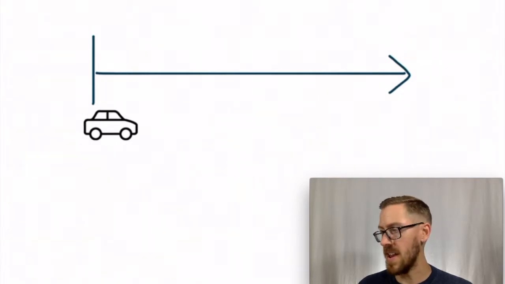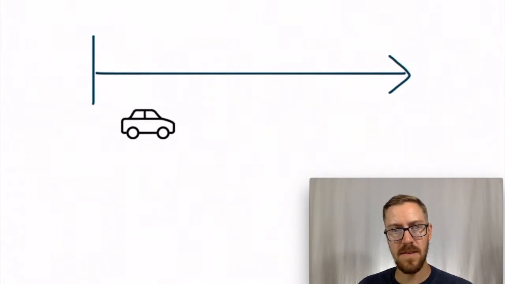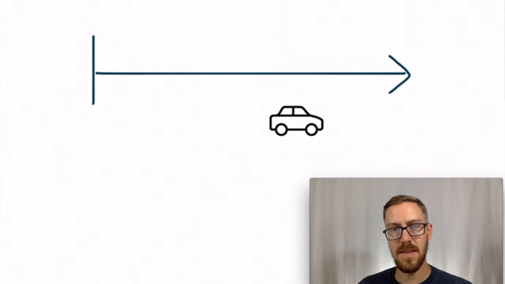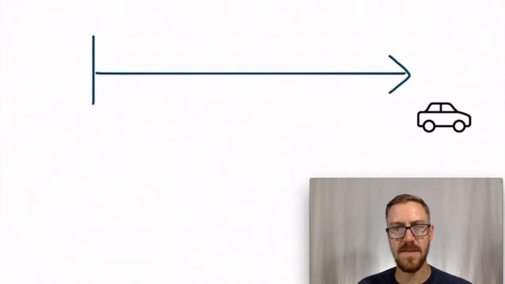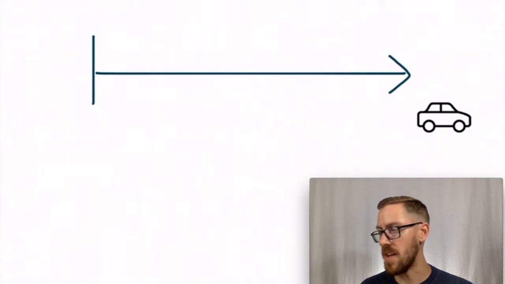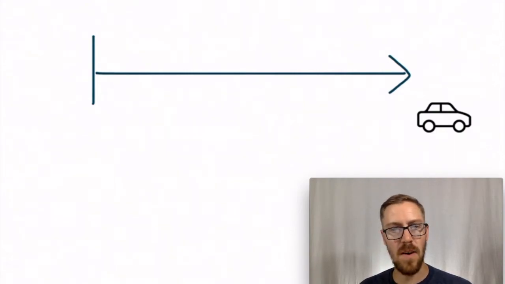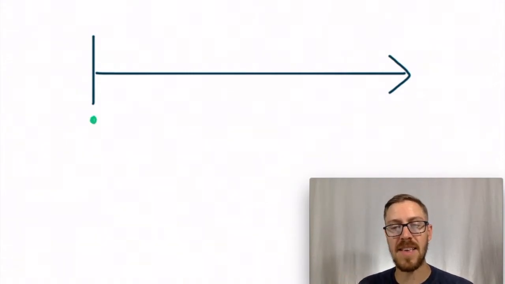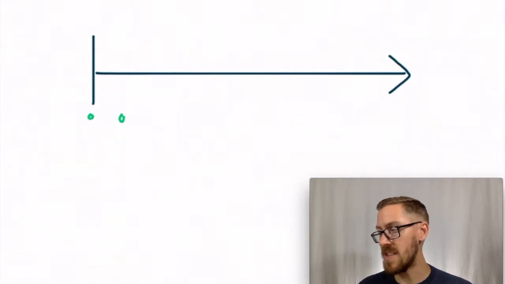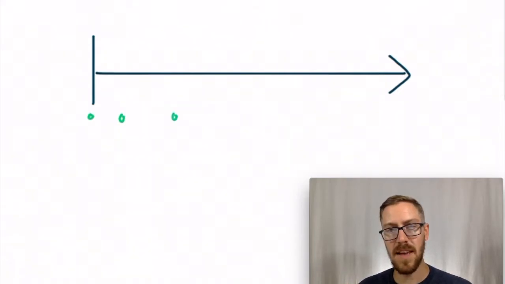After 1 second, it's going to be here, then 2 seconds, 3 seconds, 4 seconds. So you can see every second the car moved away from that reference point that we have marked. And if I wanted to represent our object as a dot, those dots would look something like this.